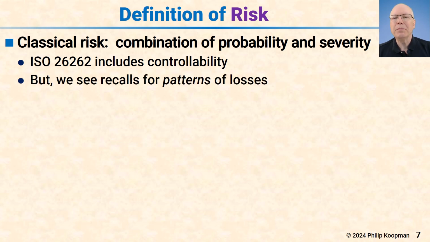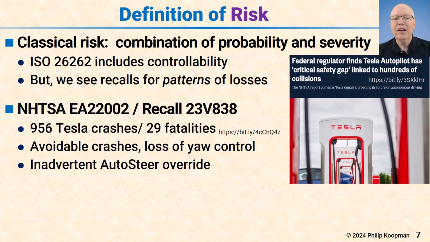Also, we see recalls based on not just probability and severity calculations, but rather patterns of avoidable losses. As an example, there was a large investigation from the National Highway Traffic Safety Administration on Teslas that eventually encompassed 956 Tesla crashes, 29 fatalities, and what they saw were patterns of avoidable frontal collisions, loss of yaw control, and also inadvertent auto steer override, where the driver accidentally turned off auto steer and had a crash because they thought it was still on.